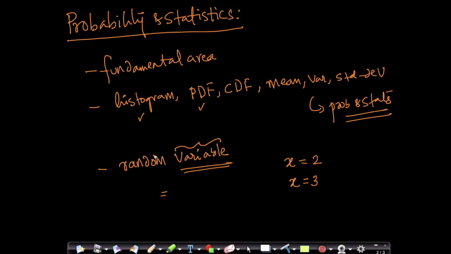So instead of defining it in a very abstract sense, let me define it with an example. Let's assume I have a dice with me. A dice has 6 sides: 1, 2, 3, 4, 5, 6. We all played snakes and ladders as kids.